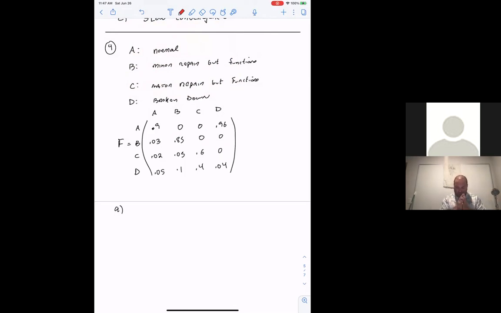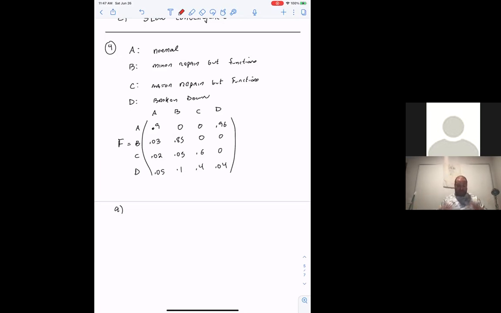Okay, so what do we have here? The first 0 is from going from B to A. Well, repairs don't magically fix themselves. So if it needs a minor repair, it's not going to be functioning normally until it's fixed. And it's only fixed if it breaks down. So you can't go from B to A, because the only way you can get to functioning normally is to break down.